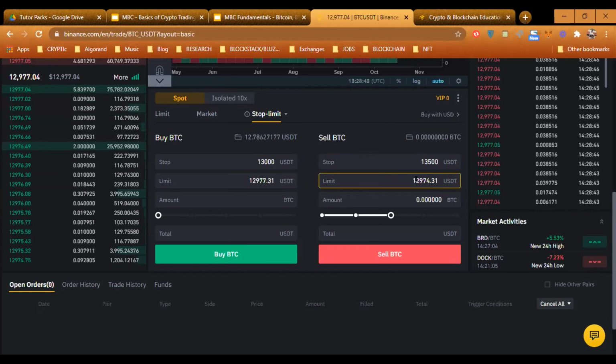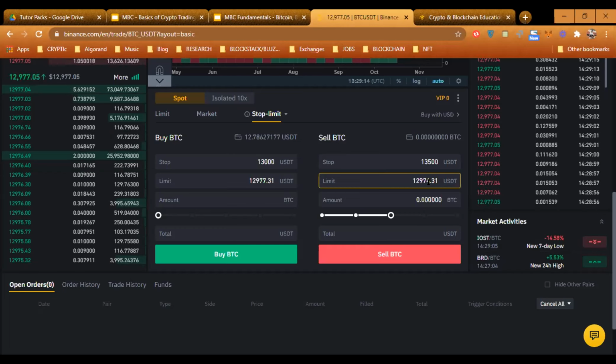This limit order here will save me. It means that if BTC starts dropping below 12,974, my trade will automatically sell, so that I don't hold BTC that was 12,900 before and is now $5,000. That would be really painful, me making a whole lot of losses. Do you understand? So the limit order prevents losses.